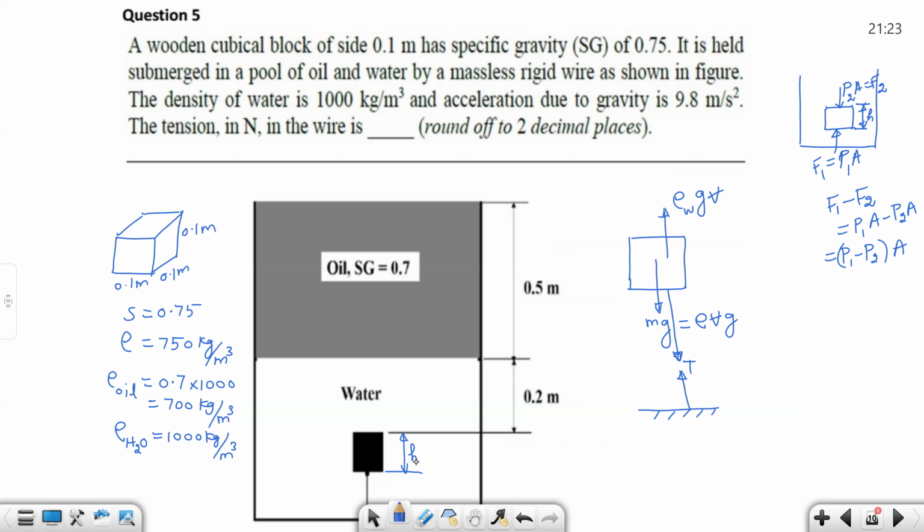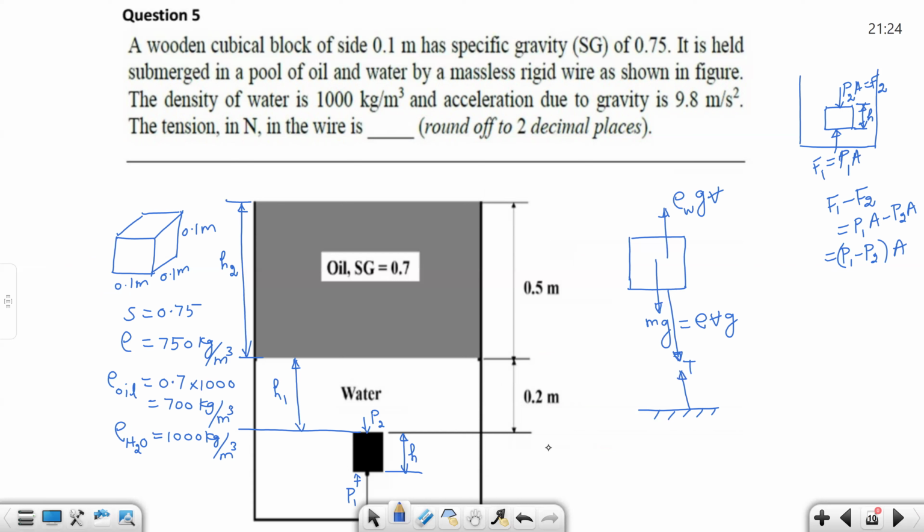Let's say this height is h1 and this height is h2. The pressure acting at the bottom will be P1, and the pressure acting at the top is P2. So this pressure difference is what is pushing it up.